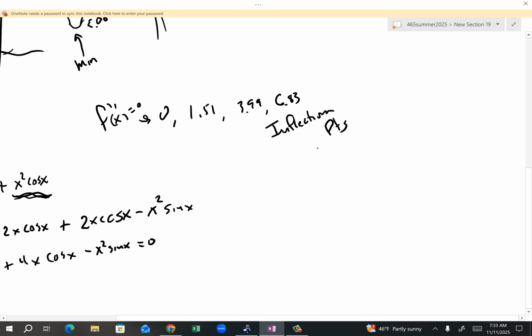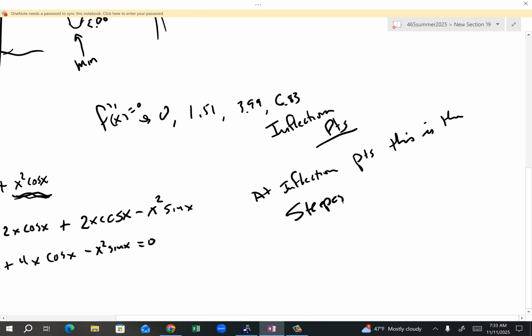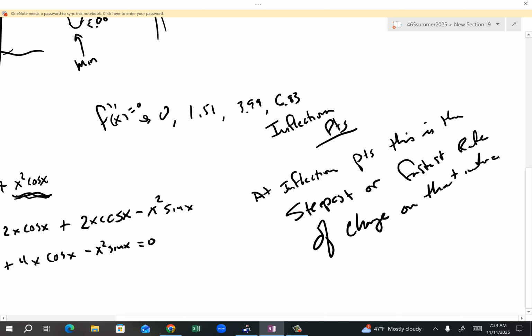But something I never learned as a child, and I always like to pass along to kids now, something I learned later in life, is that at inflection points, this is the steepest, or if you prefer, fastest rate of change on that interval. That is where it's going the fastest.